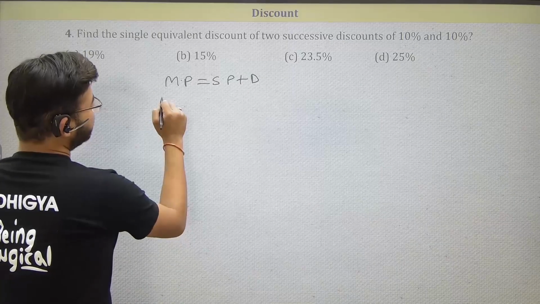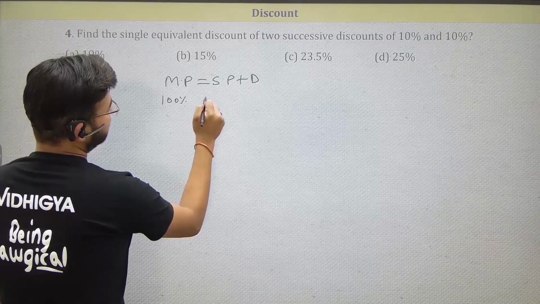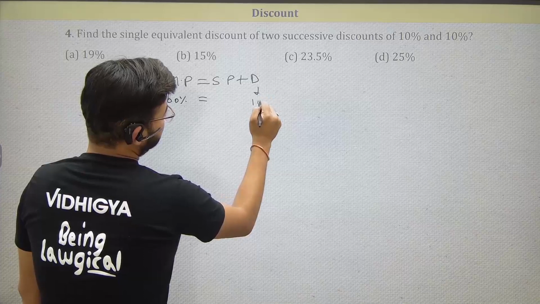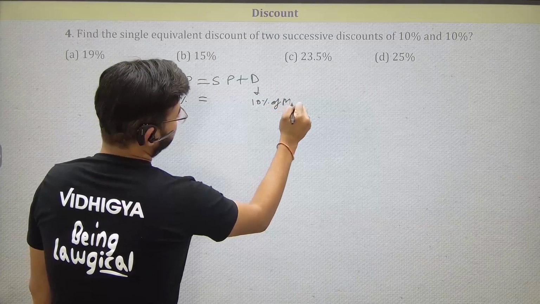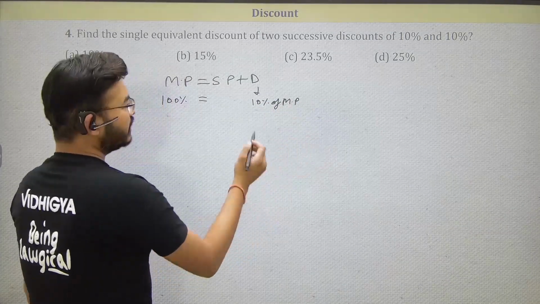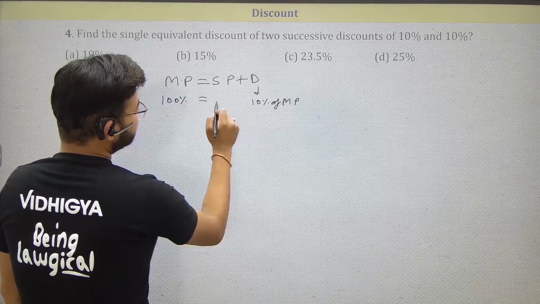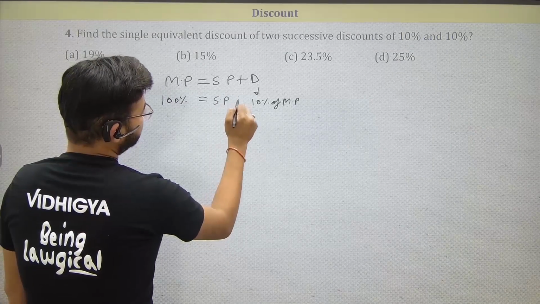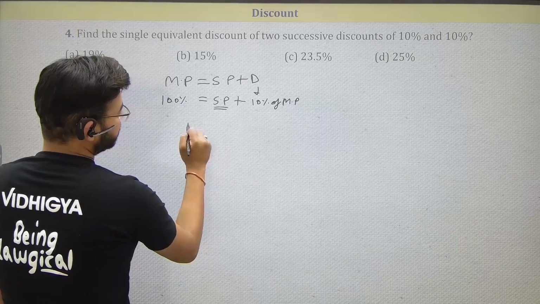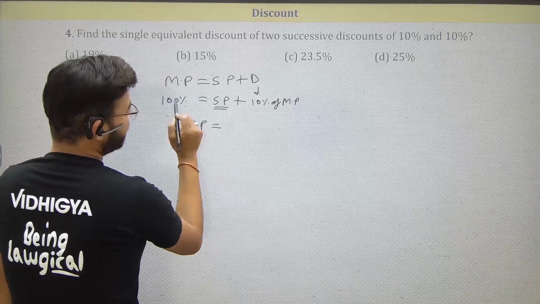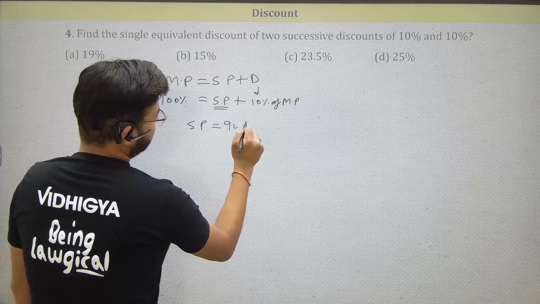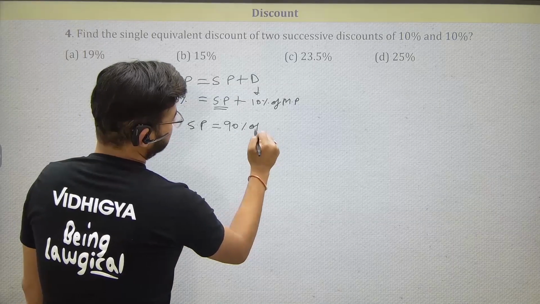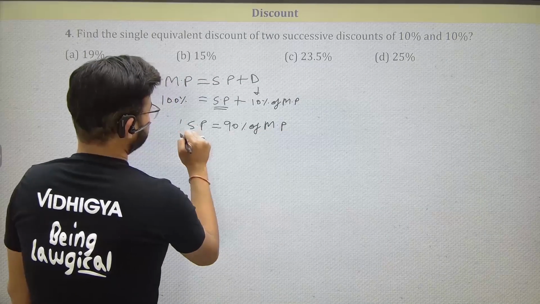So if marked price is 100% and discount is 10% of marked price, for example, we need to find the selling price. So selling price will become simply 100% minus 10, that is 90% of the marked price.